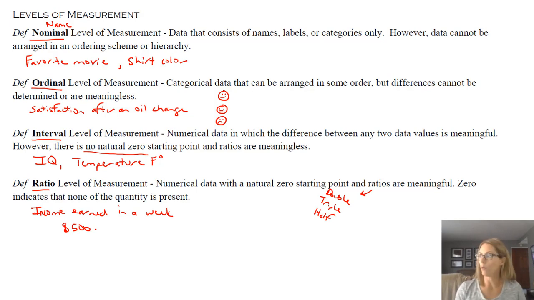And you also know that if you don't work, you don't make any money and you have 0. That's that natural zero starting point: if you have 0 dollars, you have no dollars. So that's an example of the highest level of measurement, which is ratio. We can measure it the most, in the most obvious ways.